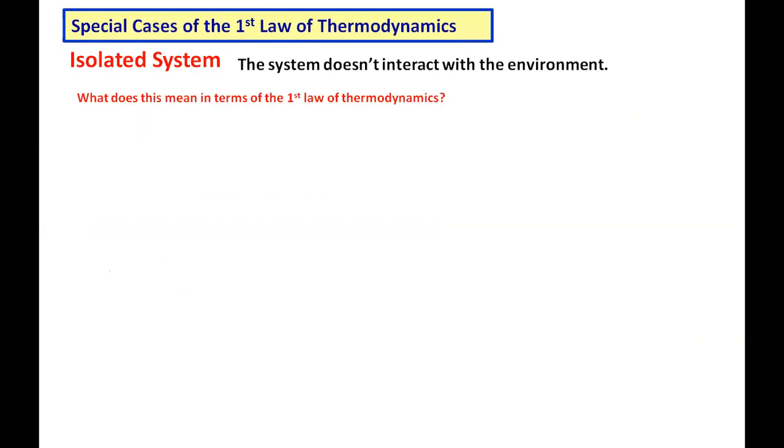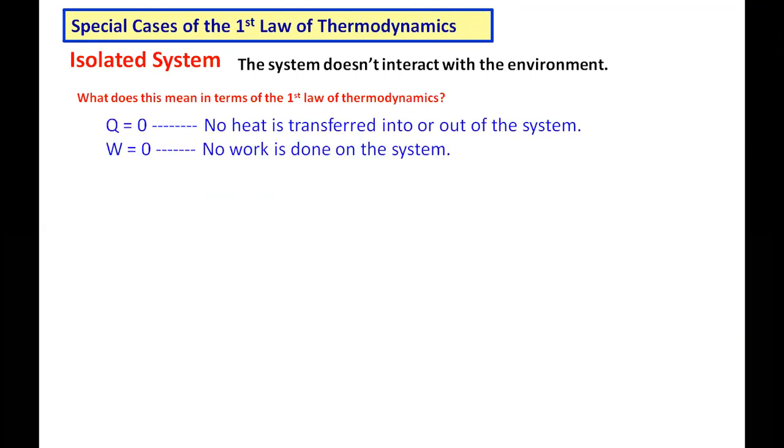So what does this mean in terms of the first law of thermodynamics? هذا يعني إنه Q equals zero. No heat is transferred into or out of the system. ما في لا حرارة بتدخل ولا بتخرج. أيضا الwork equals zero. No work is done on the system.